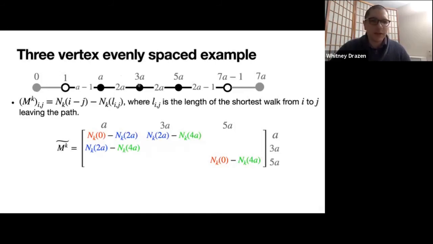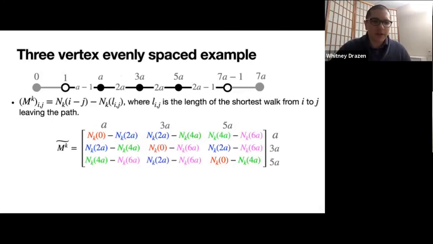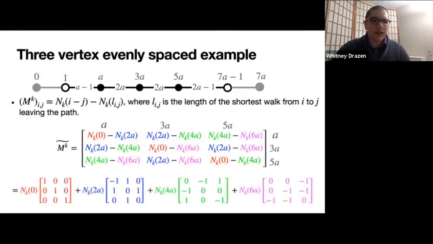We can fill in the rest of this matrix in a similar way. What you'll notice is that there are a lot of entries in common, so we can factor out those entries and decompose this matrix into a sum of 4 other matrices.